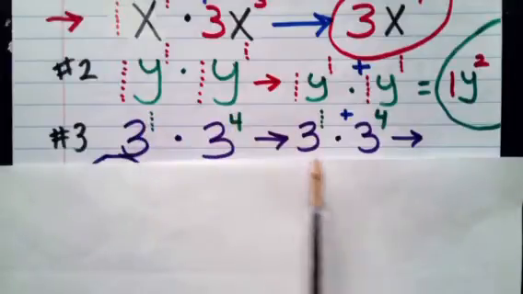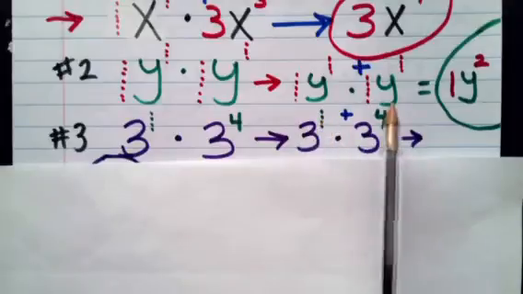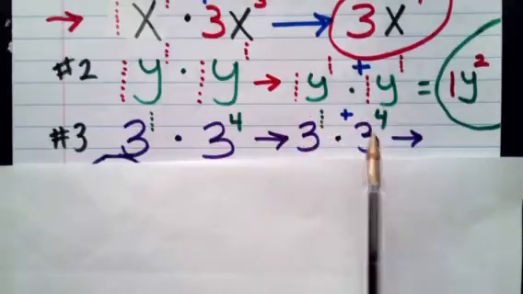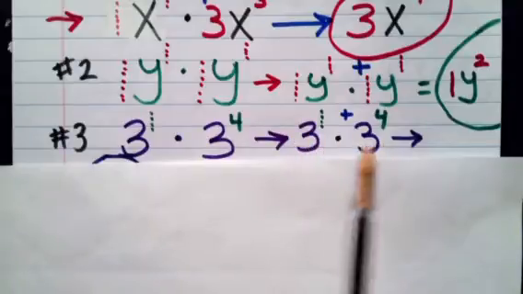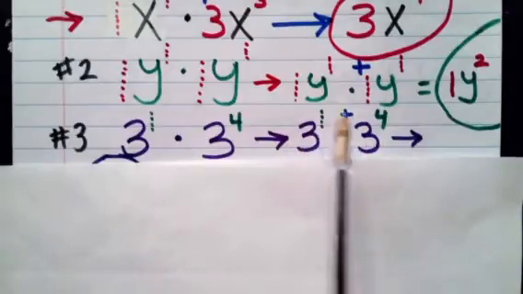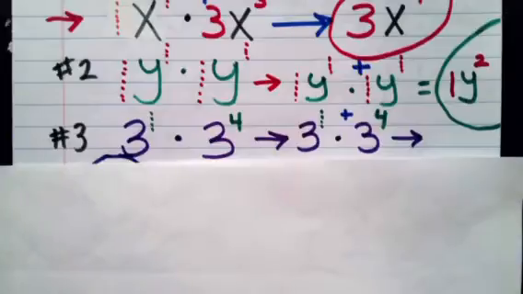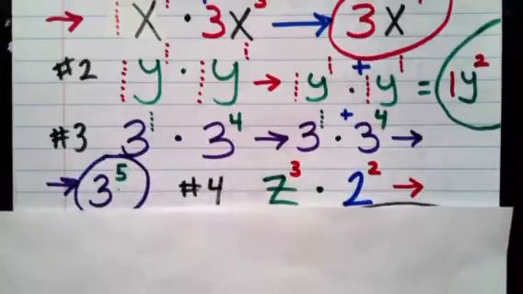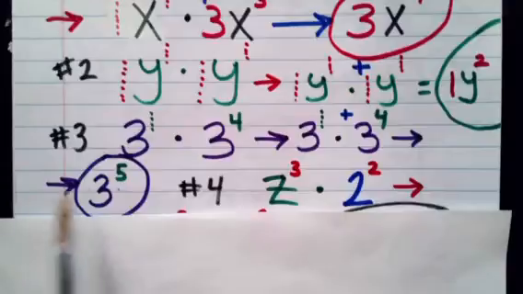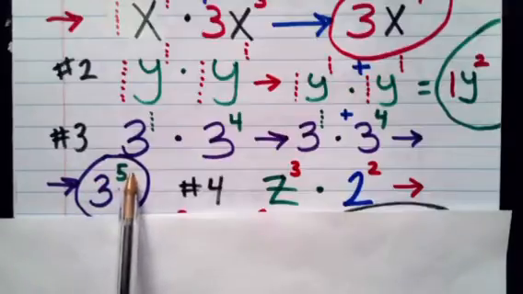All you're going to do, as you see in this step here, is you're going to add the exponents and keep the base the same. Since 3 and 3 is the same base, in our answer it's just going to be 3. 1 plus 4 is to the fifth power. Now, if the bases were not the same, you would just multiply them. But since they are the same, you keep the base the same. Okay, so 3 to the fifth power is our answer.